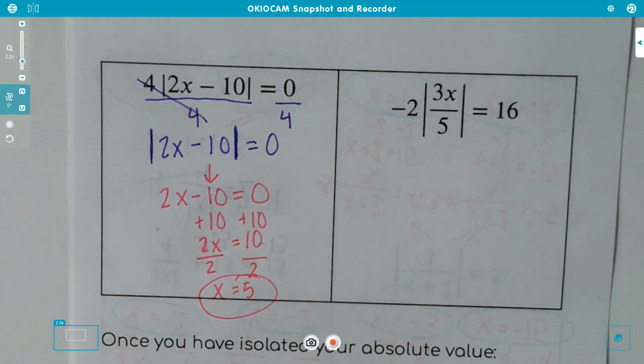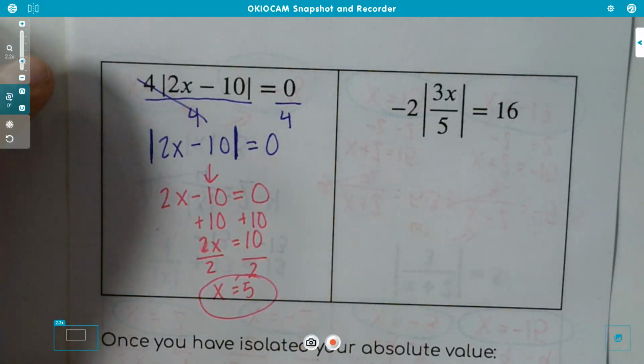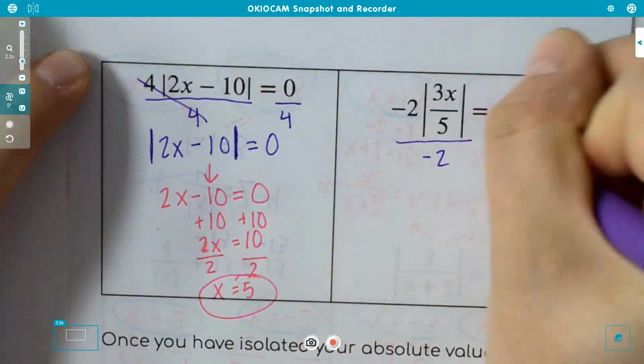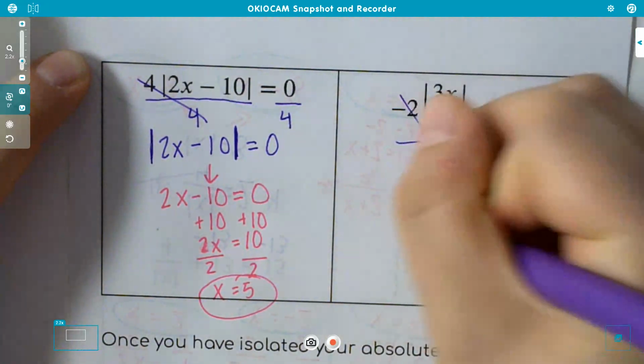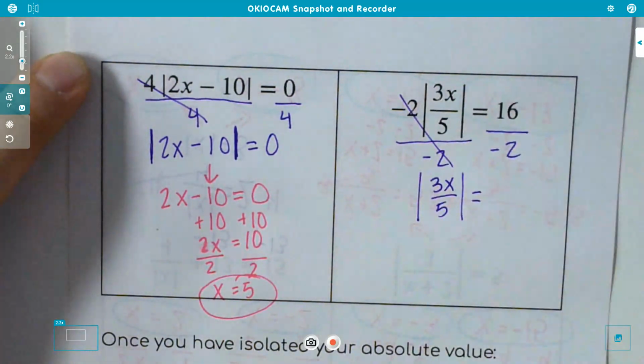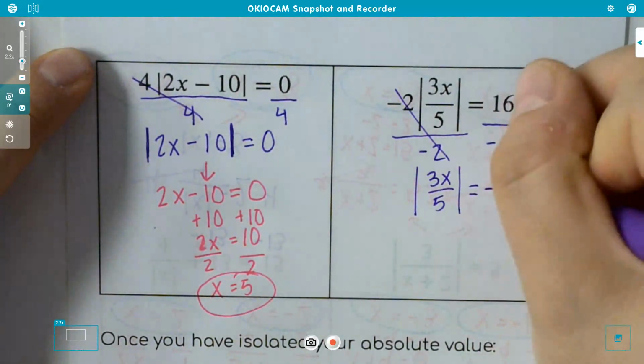Okay, last one here. What is outside of my absolute value? The negative 2. How do I get rid of that negative 2? Divide. It's currently multiplying, so I'm going to divide both sides by negative 2. Okay, so now I've got the absolute value of 3x over 5 equals 16 divided by negative 2, which is negative 8.